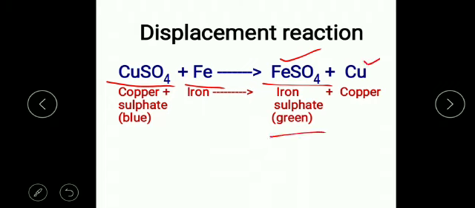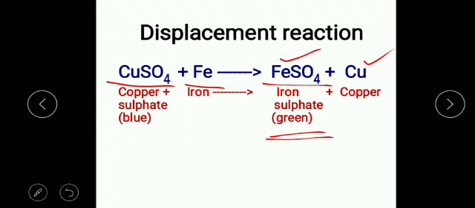Copper is displaced from the copper sulfate, and iron takes the position of copper in the sulfate compound.